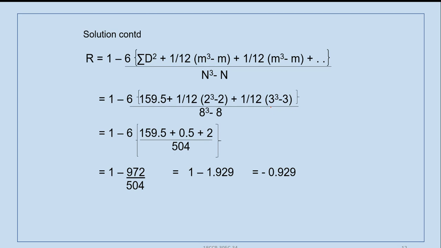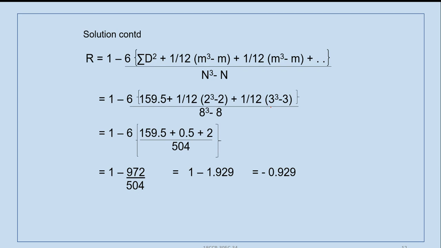So 1 by 12 into 6 is 0.5, and 1 by 12 into 24 is 2. So 159.5 plus 0.5 is 160, and 160 plus 2 is 162.